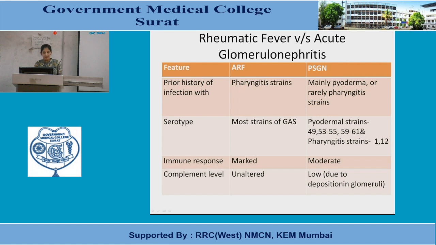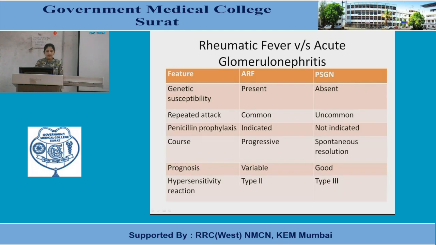Serotypes most commonly included are, as I said earlier, 1 and 12, and the pyodermal strains 49, 53 to 55, while some pharyngeal strains are also included. Immune response is marked in ARF, moderate in PSGN. Complement level may be unaltered in ARF, but in PSGN complement is deposited along with the antigen-antibody complex.